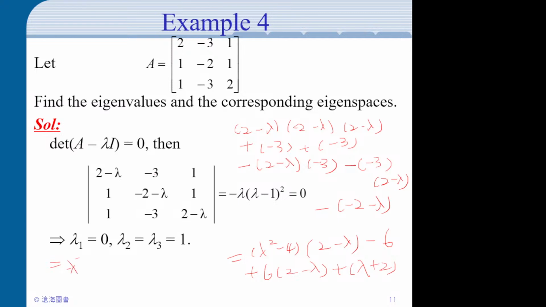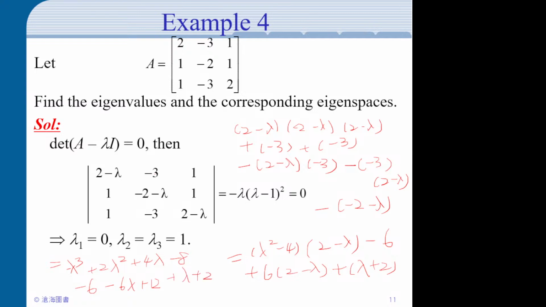This is very complicated, so let's try this slowly. Minus lambda cubed, plus 2 lambda squared, then plus 4 lambda, and minus 8, then we minus 6, and then this thing is minus 6 lambda plus 12, and finally we got plus lambda plus 2.